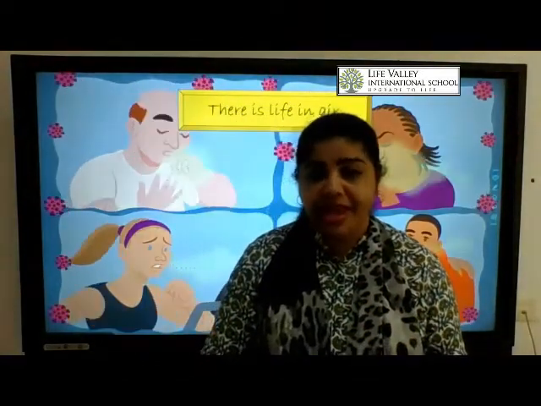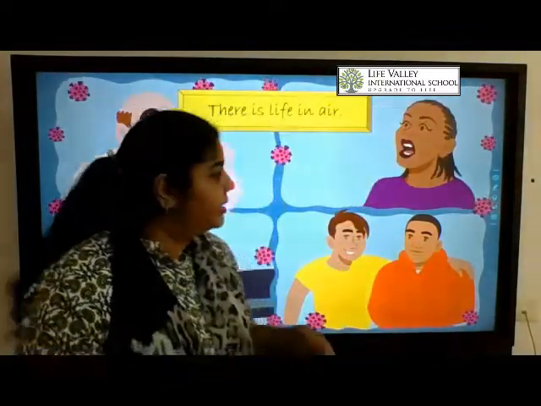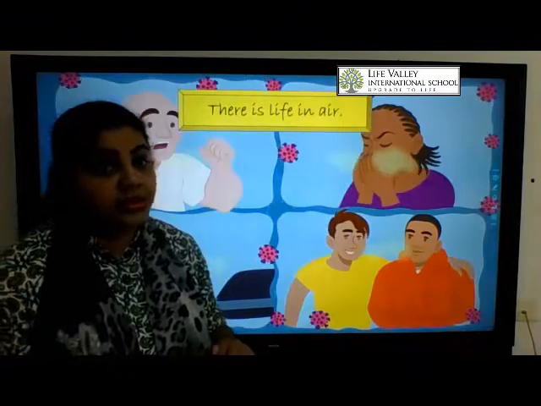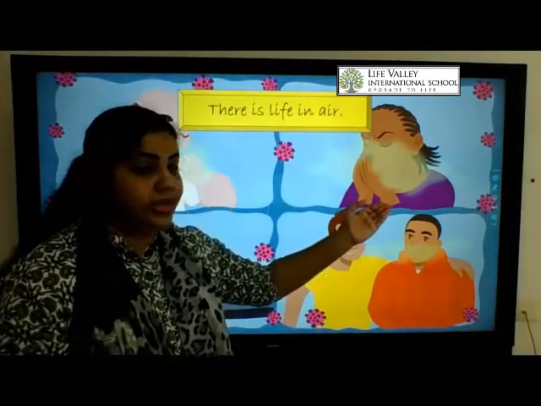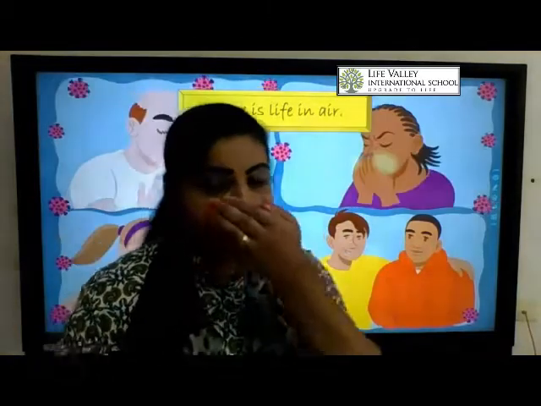Although these microbes cannot fly, they can travel long distances through the air with the help of wind, rain, or even a sneeze. You all know COVID-19. Yes, we all need to use a handkerchief if we are sneezing.